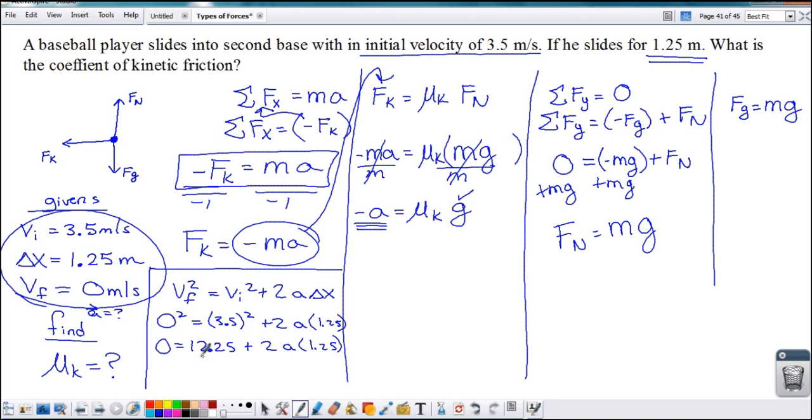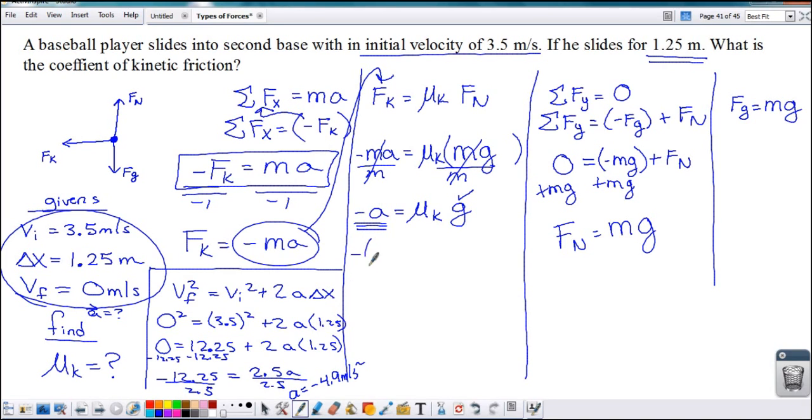I'm going to move the 12 and 25 hundredths to the other side by subtracting it. So negative 12 and 25 hundredths is equal to, I'm going to also combine these right now. 2 times 1.25 is 2.5 times the acceleration. Divide both sides by 2.5. And I get my acceleration is equal to negative 4.9 meters per second squared.